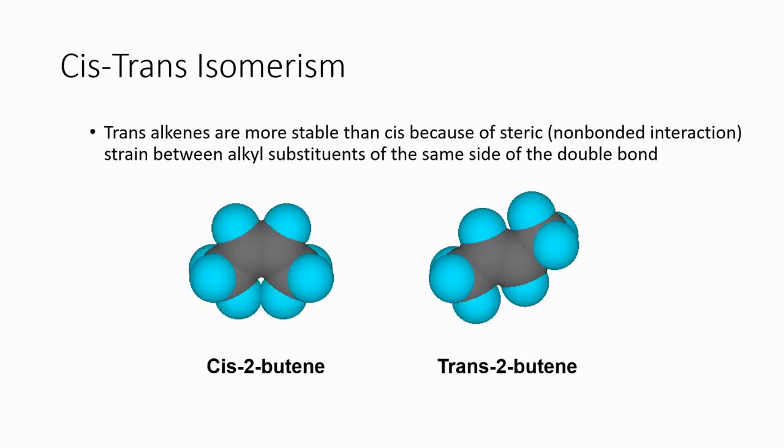If we look a little bit closer at 3D models of them, we find that in the cis isomers, there's more strain here, and that's steric strain, that non-bonded interaction where these atoms are at least 4 atoms away from each other, these 4 carbons in a row.